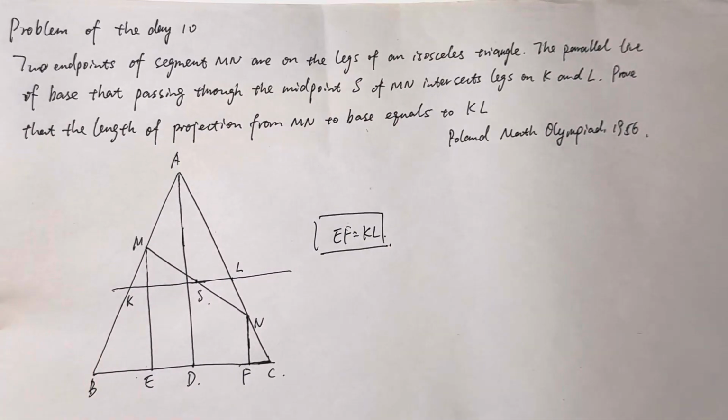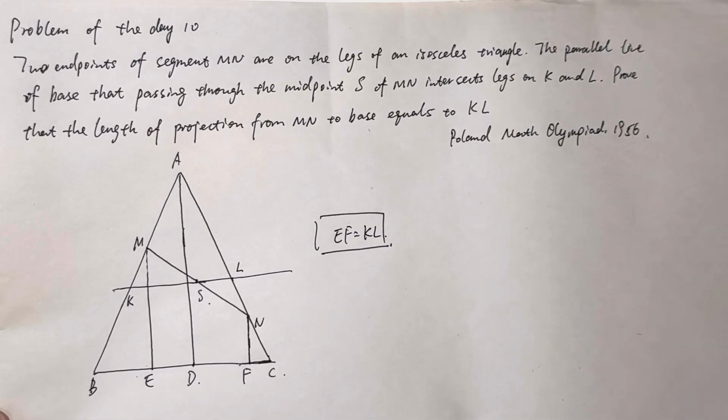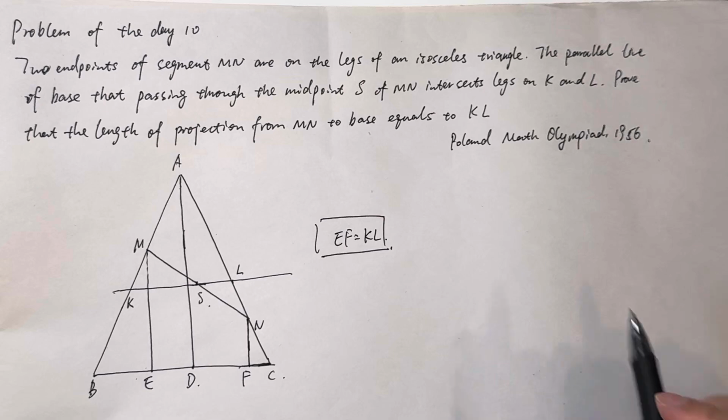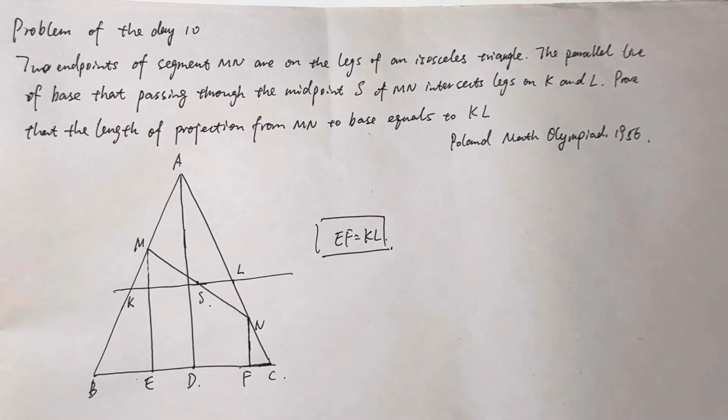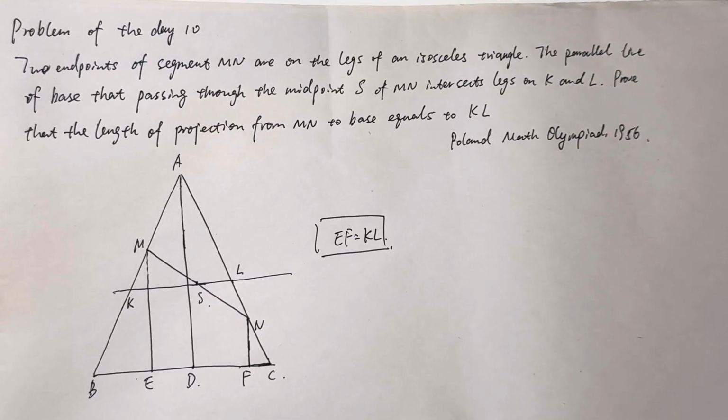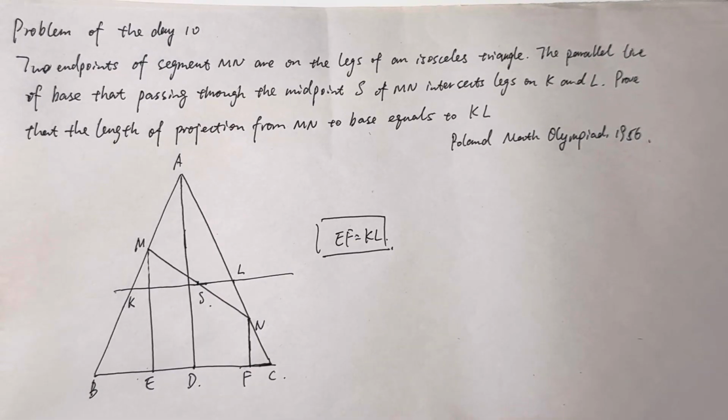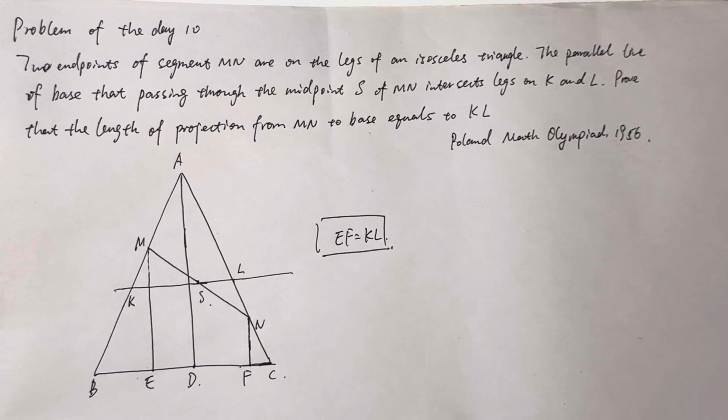Right, that's the thing we want to prove. This is a problem from the Poland Math Olympiad 1956. So it's a really old problem, but let's see what we can get from this figure.